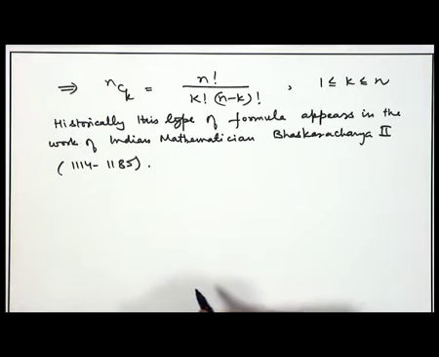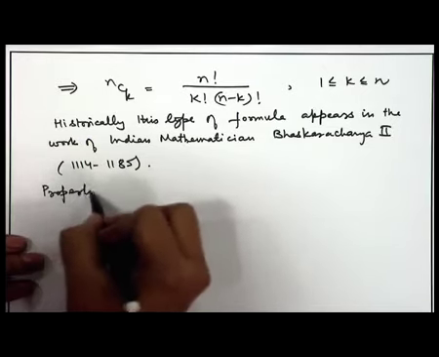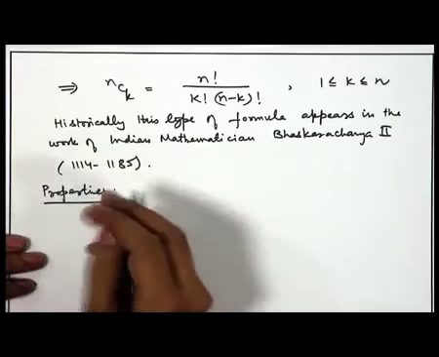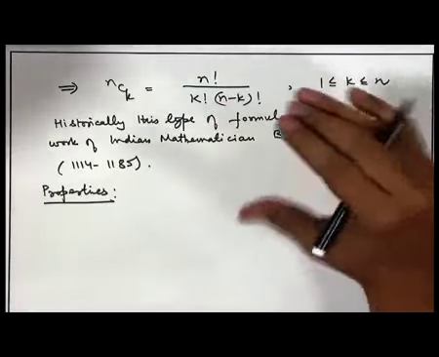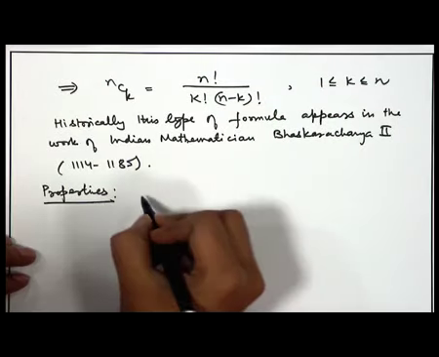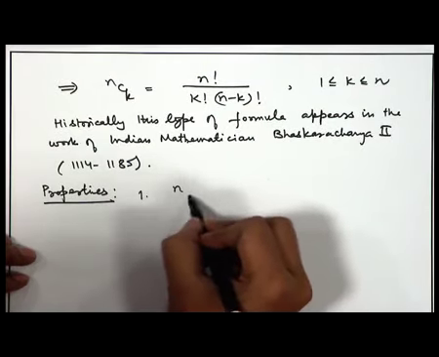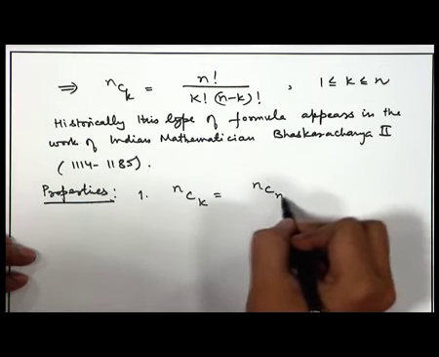Let us look at some of the properties of this combination. Actually, these terms n p k and n c k, they have a lot of relations and there are several properties. So, I will cover some of these here. So, for example, n c k is equal to n c n minus k.